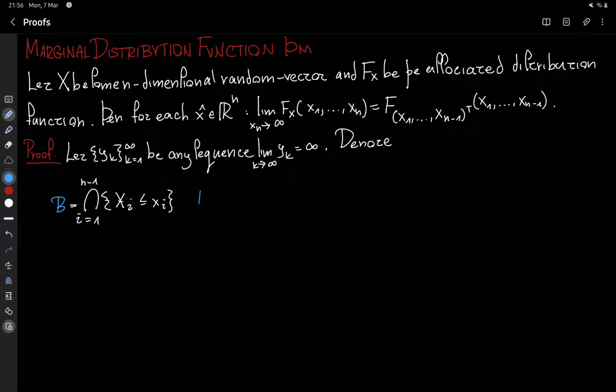Okay, then we have B_k, which is equal to the intersection ranging through 1 to n minus 1 of the same set, with the main difference being that we intersect it with the set like so.